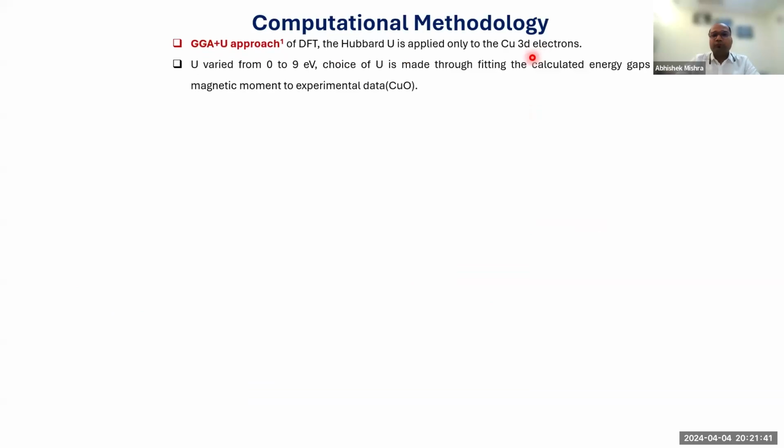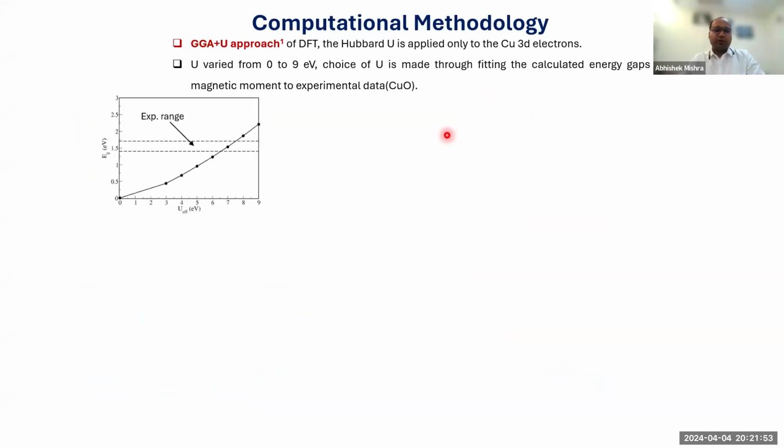Anyway, that's the concise slide regarding what we did here. We used the DFT plus U methodology. We varied the U value, and we found that at some U value, 7 eV here, we get the experimental range for the band gap.